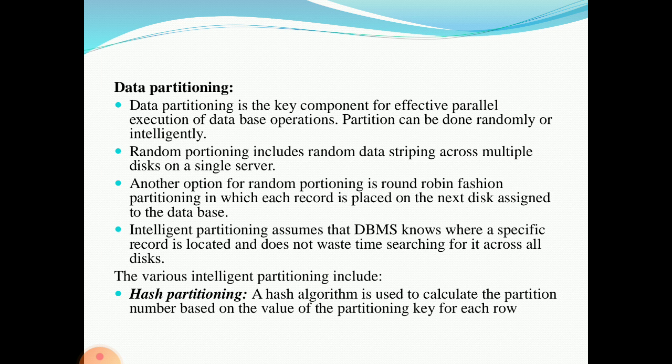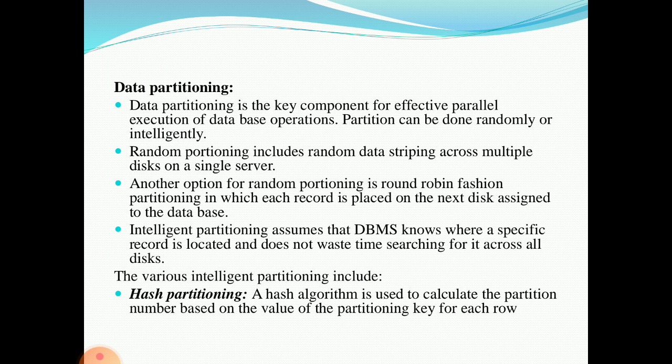Here the data partitioning includes random data striping across multiple disks on a single server, and another option for random partitioning is round robin fashion. It is partitioning in which each record is placed on the next disk assigned to the database. Round robin fashion is what?